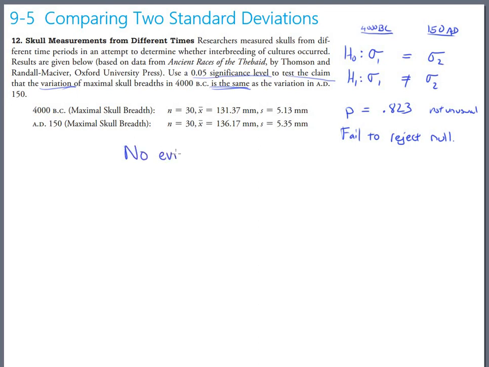So when you fail to reject the null, that also means I can't accept the alternative, and that's how I'm going to write my sentence. I'm going to say there's no evidence, sorry, that's the alternative.